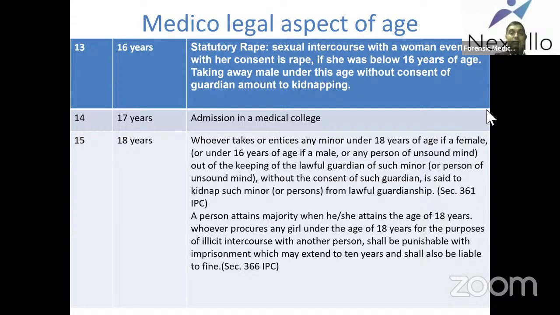Whoever takes or entices any minor under 18 years of age if a female, or under 16 years of age if a male, or any person of unsound mind, out of the keeping of the lawful guardian of such minor or person of unsound mind, without the consent of such guardian, is said to kidnap such minor from lawful guardianship.